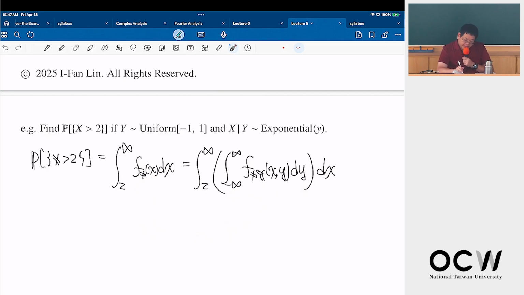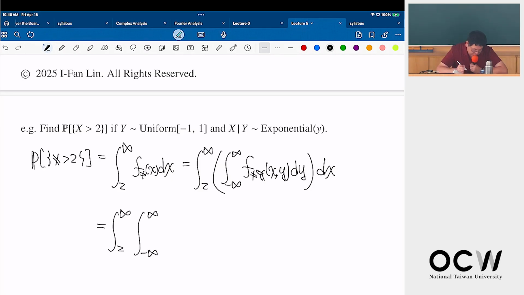And the next step, what is the joint PDF? How do I express the joint PDF? I only have a conditional PDF, so use this conditional PDF to rewrite this joint PDF. So x given y times the PDF of y.